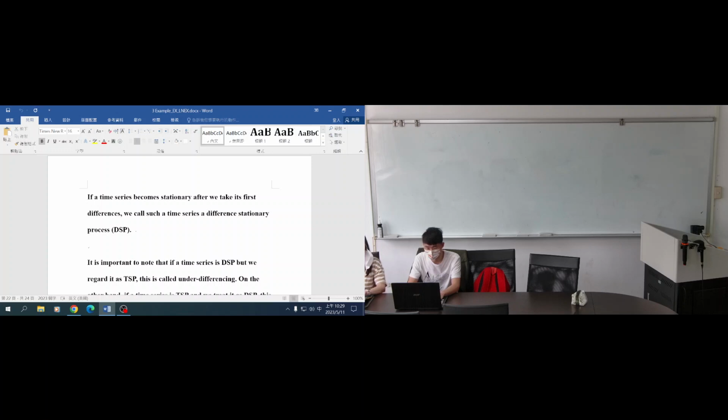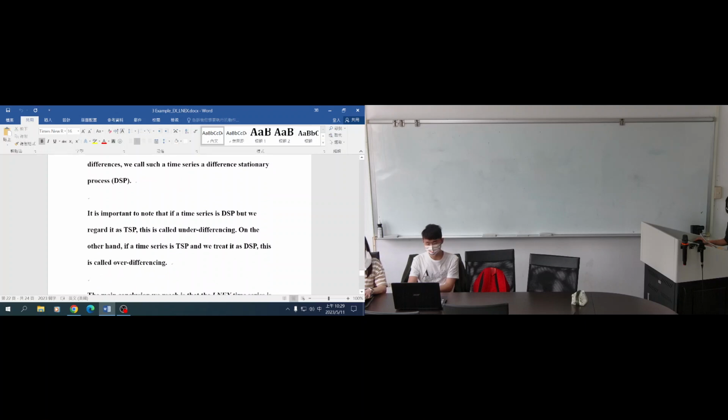This is taking the difference to make the series stationary. Okay, this is different from detrending. So TSP is trend stationary process.